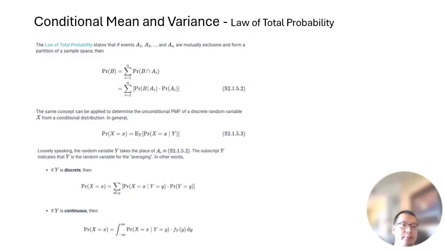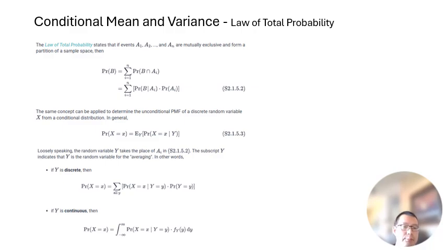Similarly, this represents the probability of x equals small x given y, but using the weighted average or integral. So loosely speaking, the random variable y takes the place of Ai in this formula.